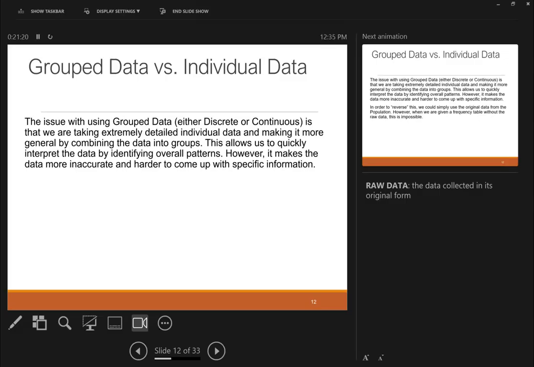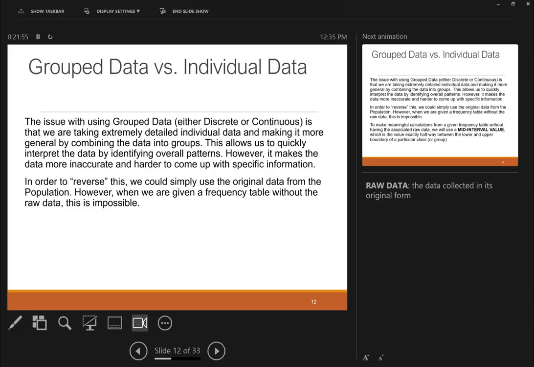As a result, you lose the ability to do a lot of numerical statistics. Can you find the true mean if you do not have the individual data? No, because you can't add up all the values and divide by the total. So if all you have is the grouped data, we're going to have to do some approximating for a statistic like that.